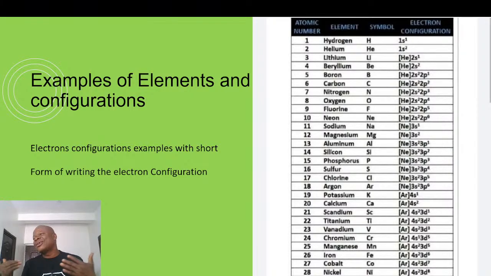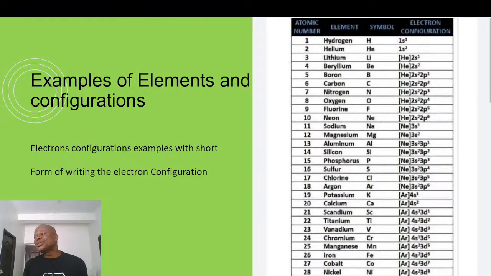I want you to underline this and lay emphasis on it. Number 10: the same way I asked you to pay attention to helium, underline this in neon. Neon has the symbol Ne.